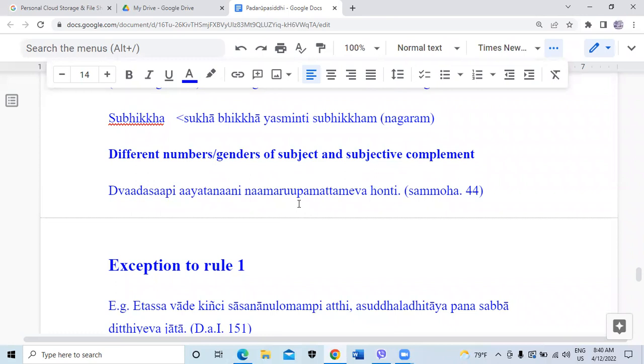They have no sense of action; they do not show action, right? They are just nouns. Like Bhāvataddhita words, like tabba, anīya and other suffixes, these were also Kita words, but these are nominal Kita words.